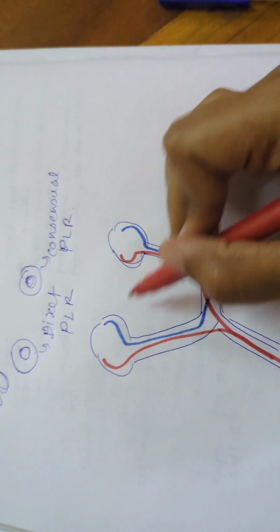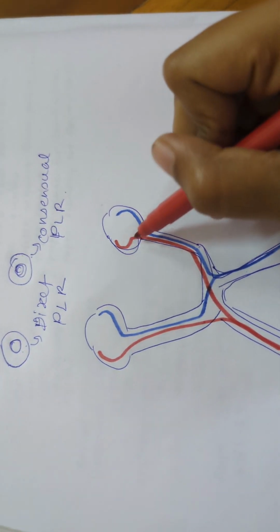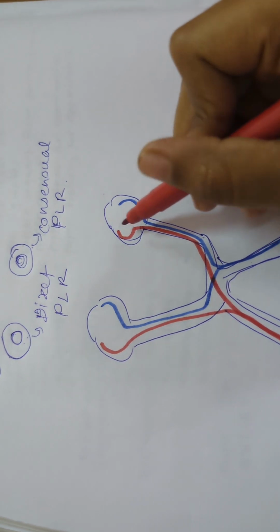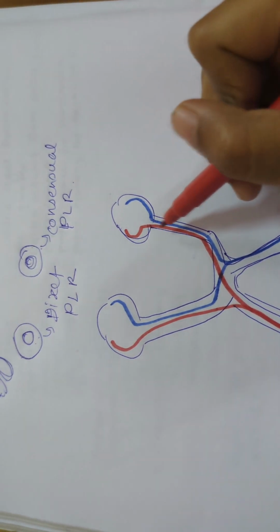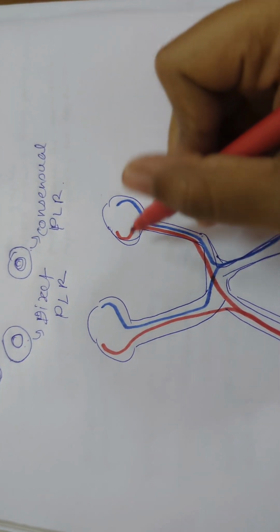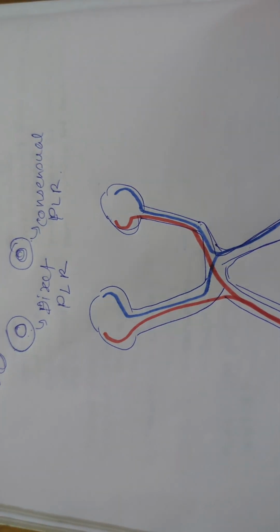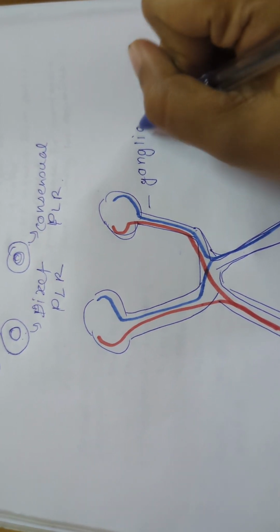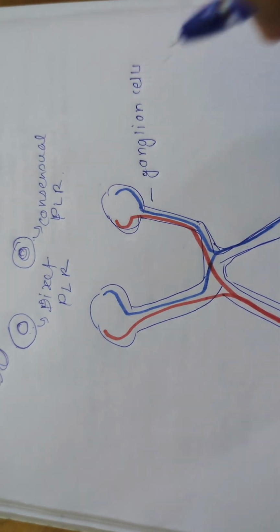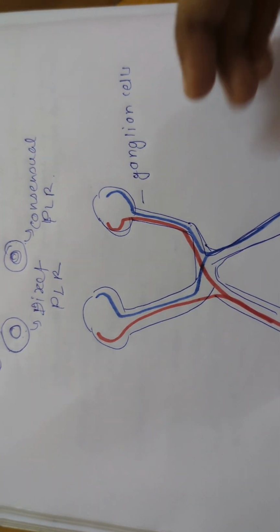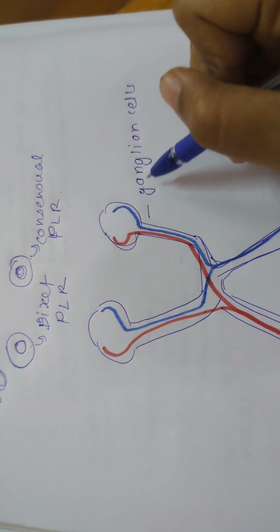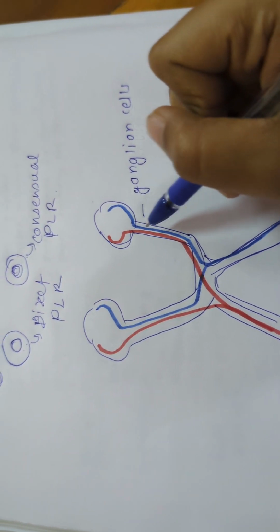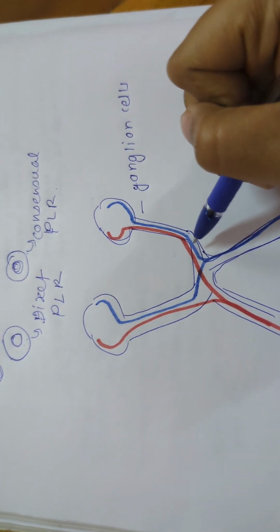So let's say this is an eye and these are nasal fibers, these are temporal fibers, and this is optic nerve. So optic nerve is basically formed from the ganglion cells. As we know, there are rod cells, bipolar cells and ganglion cells. So these are axons of ganglion cells which basically continue from the retina.